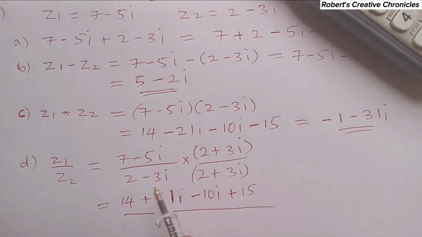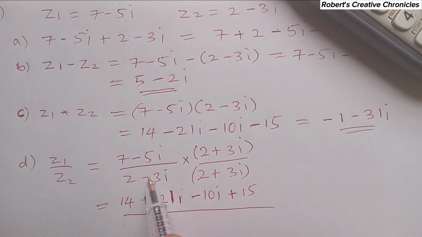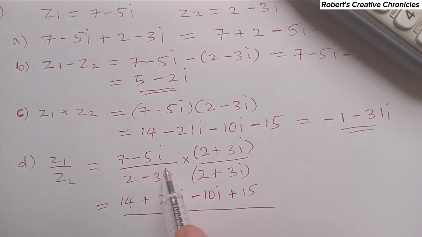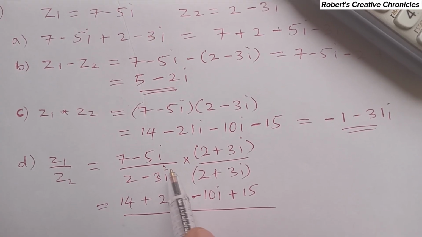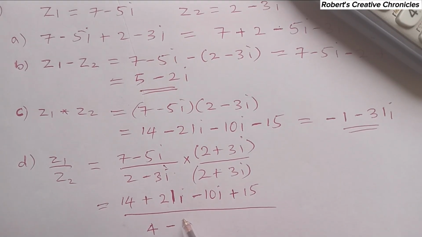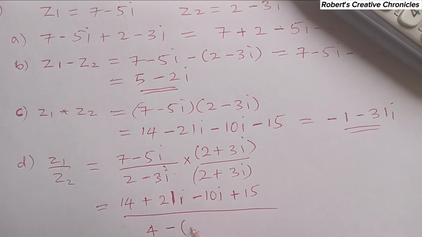Then divided by, now this one, since it's a multiplication of a difference and there's a formula for this, since the sign is only minus and plus, it will be 2 squared minus 3i squared. So 2 squared is 4. Minus 3i squared is minus 9.